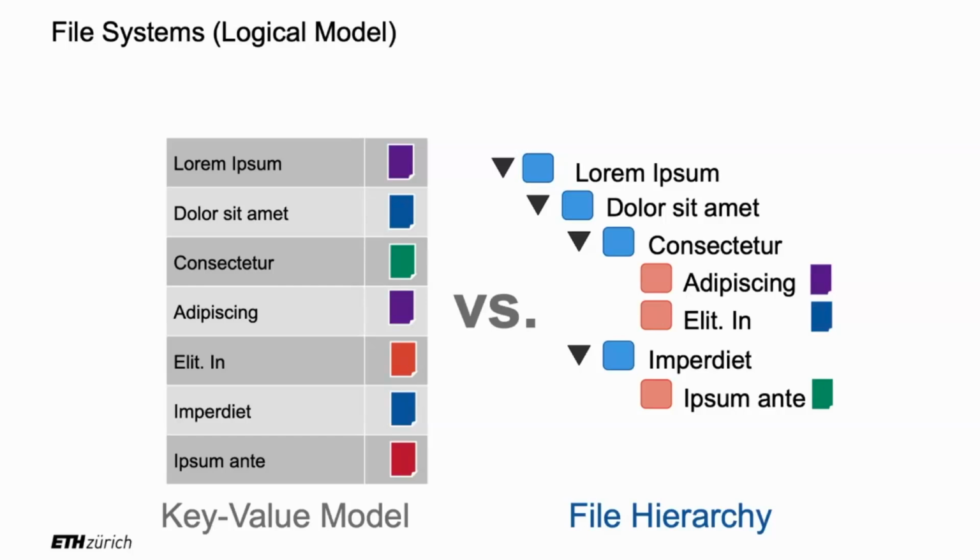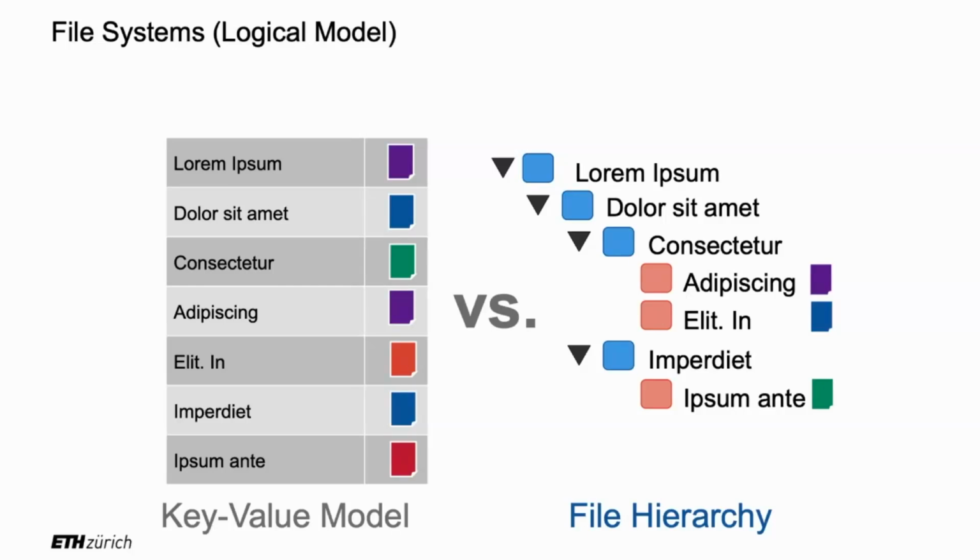But basically, lorem ipsum is the root, and then it goes all the way down with this hierarchy. And the files, marked with the red squares, are the leaves of the tree at the very bottom. So this is the file hierarchy, exactly as you have on your laptops when you organize them.